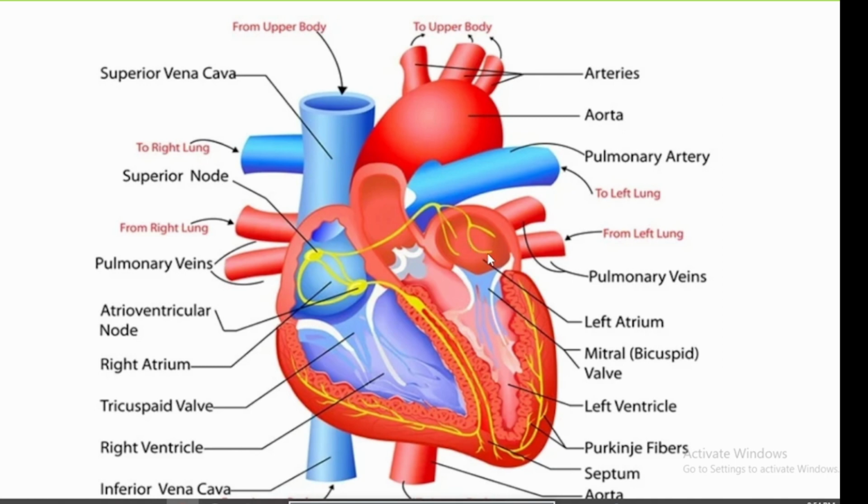Now from the left atrium, the oxygenated blood passes through the mitral valve, or the bicuspid valve, into the left ventricle. Are we there? Now the left ventricle will contract and pump the blood through the aortic semilunar valve, which is this valve here, into the aorta.